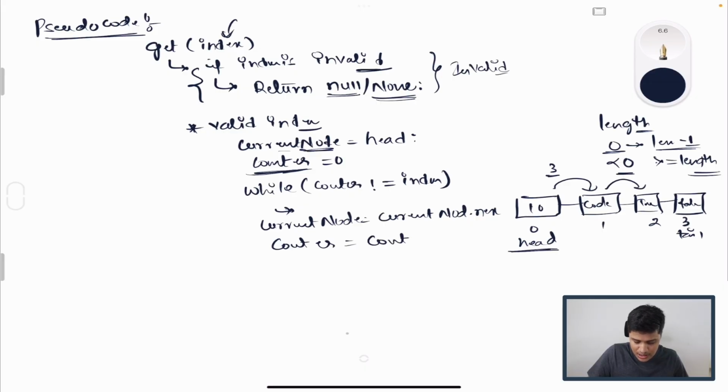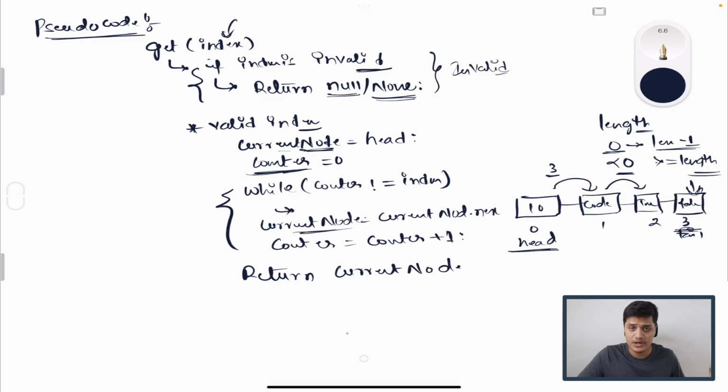So counter should be counter plus 1. Once we go to the index that is given by the user, the current node variable we are using will have the reference of the node that is available at that particular index. So we will simply break out of this loop. In the end we will simply return the current node.